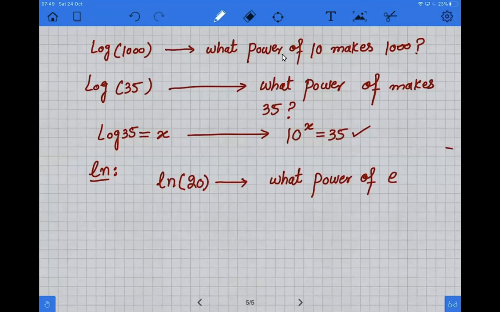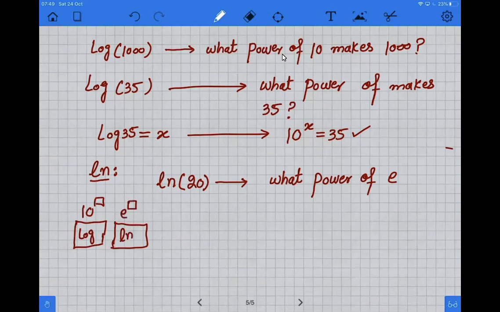For math students, it could be something more than that, but for physics students who are not taking mathematics and they are just taking bio, for them, E is just a button on calculator. If you look at calculator, you have a button of log here, and above that you have 10 power. With that, you have a button of natural log on your calculator, and on that you have e power.